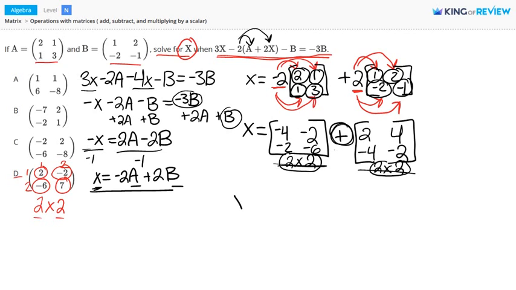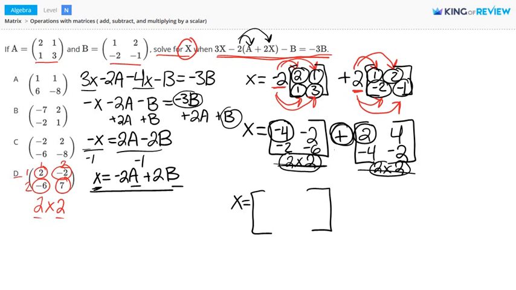When we add matrices together, we're adding the corresponding entries, the entries that are in the same position. So negative 4 plus 2. Both of these entries are in the upper left-hand corner, or row 1, column 1, so we're going to add them together.